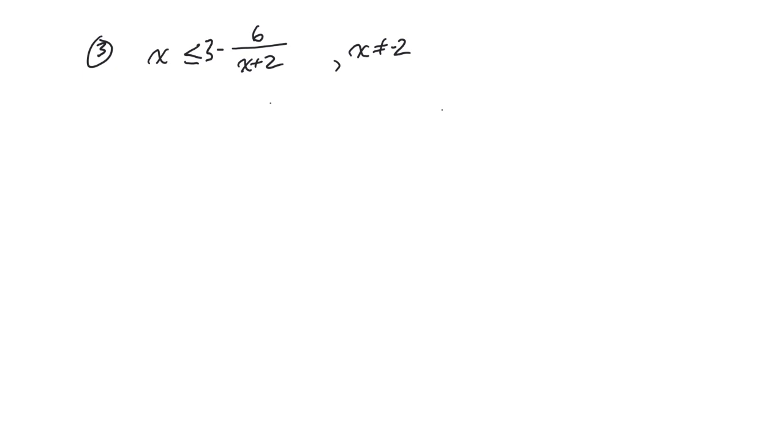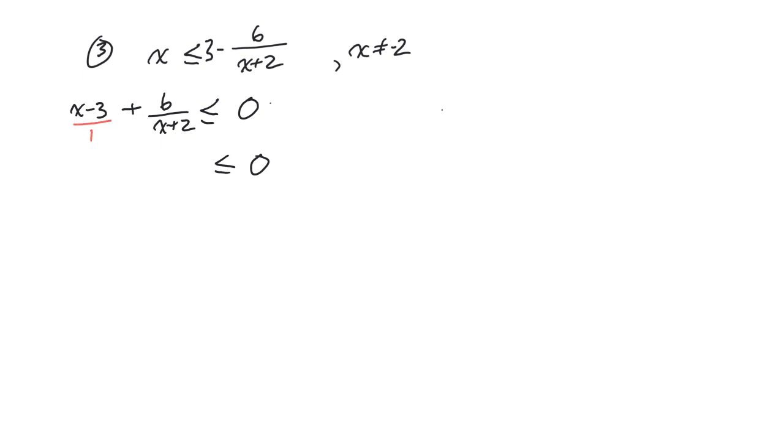So now what we're going to do is we're going to take x is less than 3 minus 6 over x plus 2. So we'll move everything over to the left side. So we have less than or equal to 0, which is x minus 3 plus 6 over x plus 2. Now we're going to have a common denominator of x plus 2 for both of these fractions.